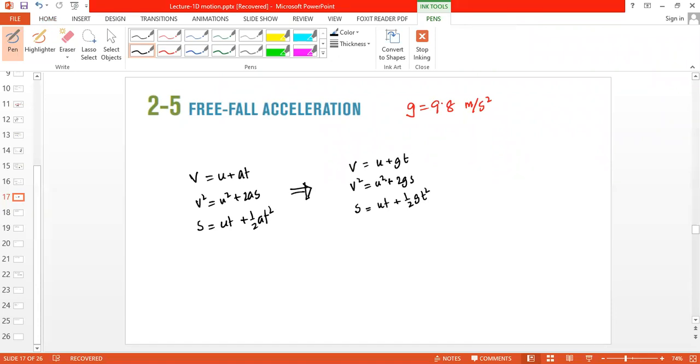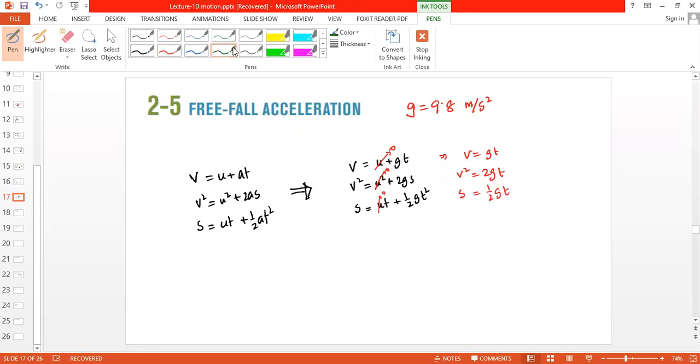By the way, in the case of a free falling object, one other thing is that the initial velocity is 0. Let's say you hold the object and you just let it drop. When the object starts dropping, the initial velocity is 0. So in all cases, u is 0. That means this will give us v equal to gt, v square equal to 2gs, and s equal to 1/2 gt square.